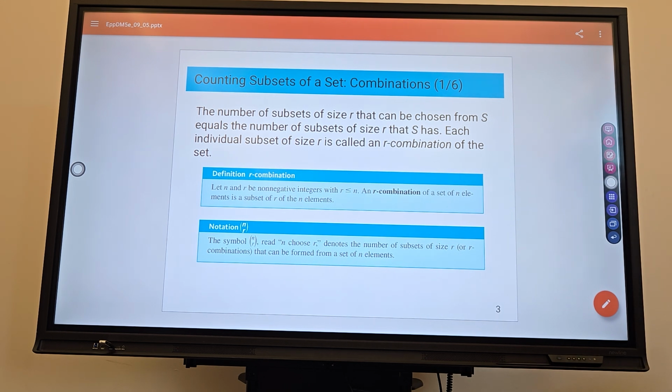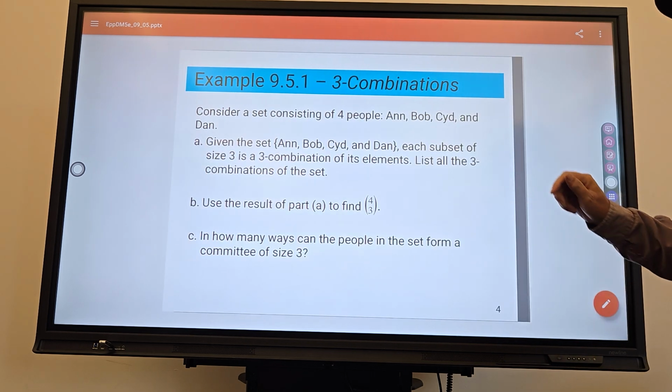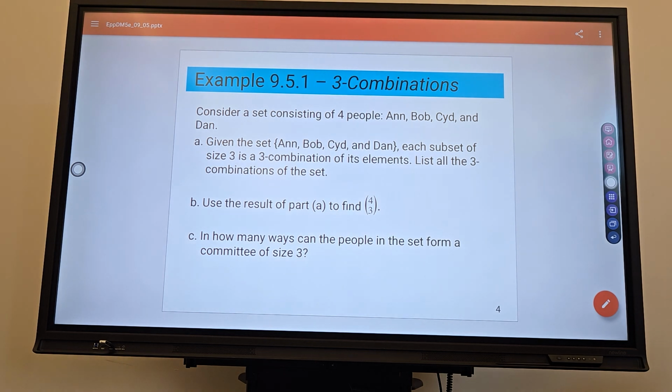The symbol n choose R denotes the number of subsets of size R, or R combinations, that can be formed from a set of n elements. And we went through how to calculate that number earlier in the semester.